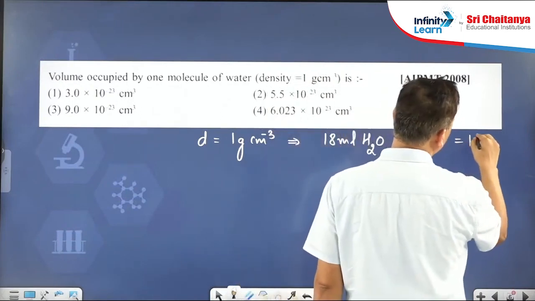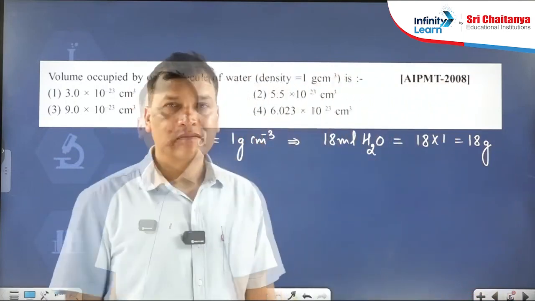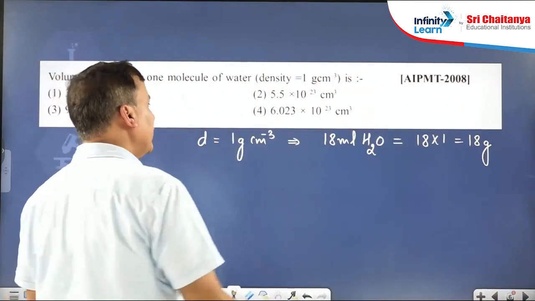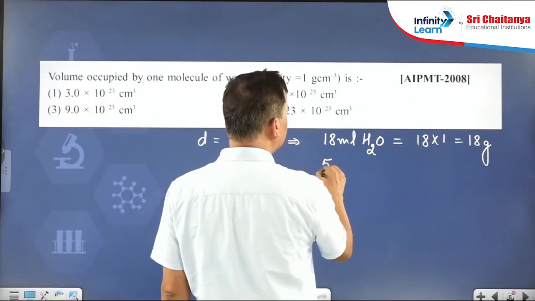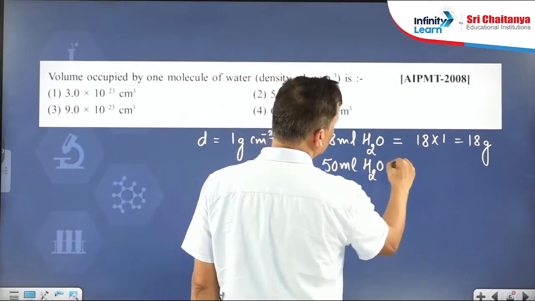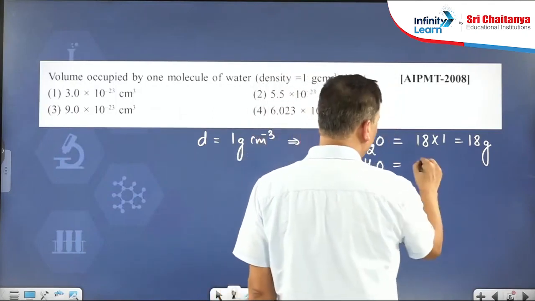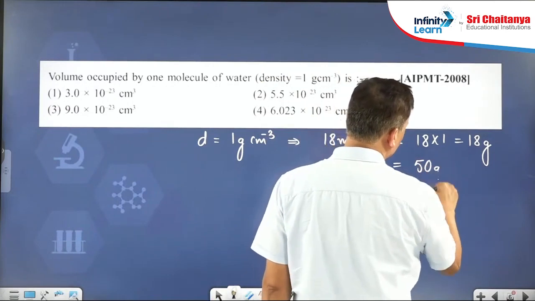So dear friend, it is equal to 18 gram. Are you understanding or not? I am quoting one example. If you are taking 50 ml of water, you can write it as 50 gram.